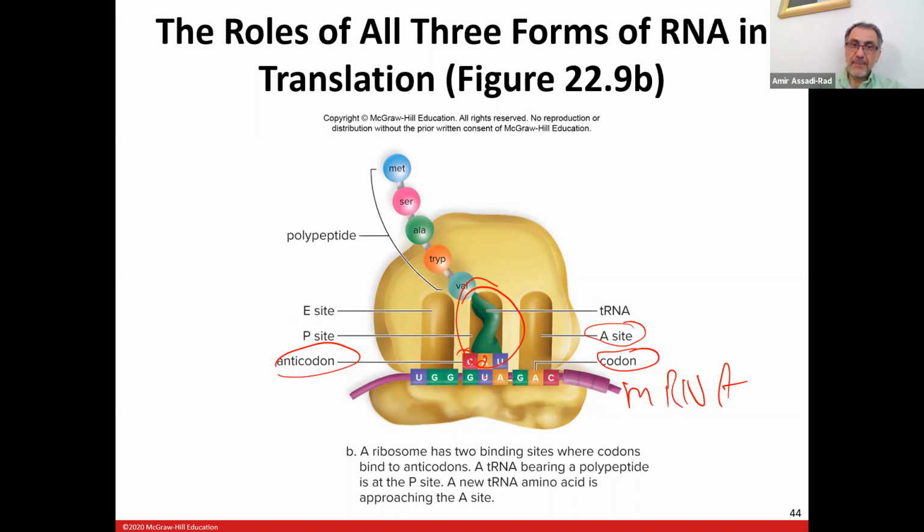And then the P site is where the tRNA drops off the amino acid right here. And the E site is the exit site. After they drop it off, the tRNA goes here, and then it leaves the ribosome, and the next tRNA comes in. Okay.